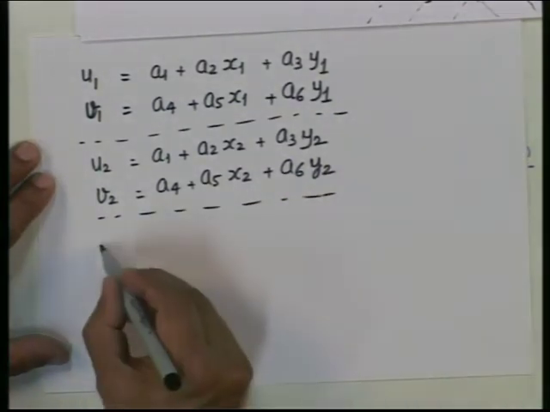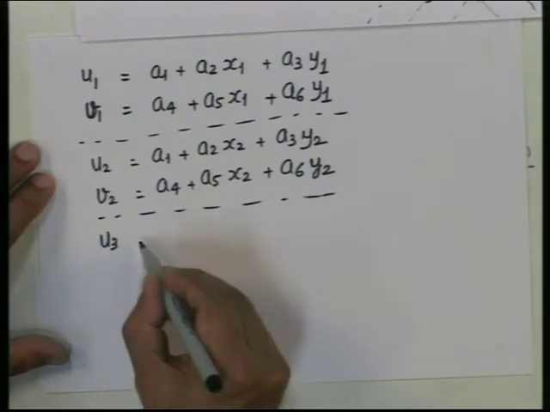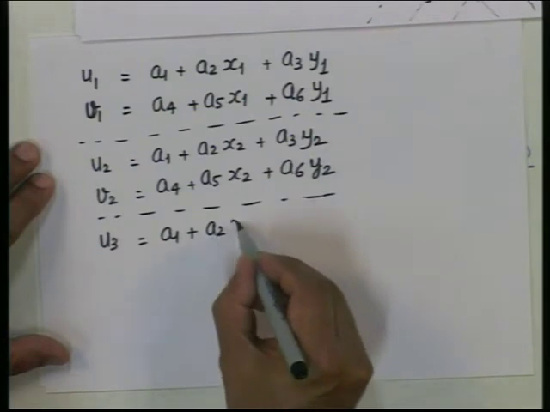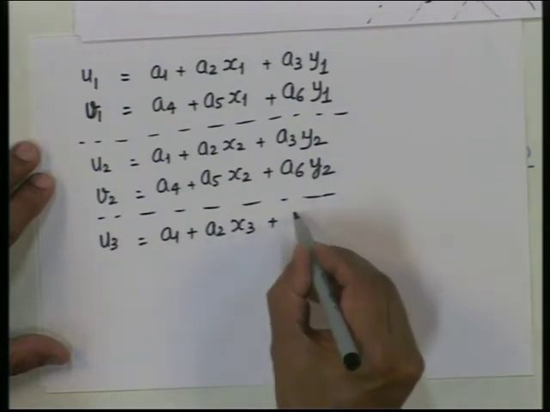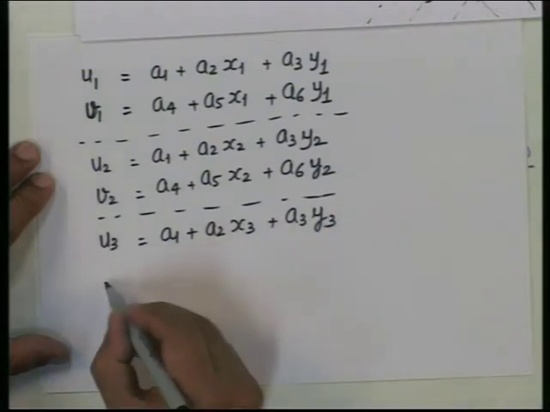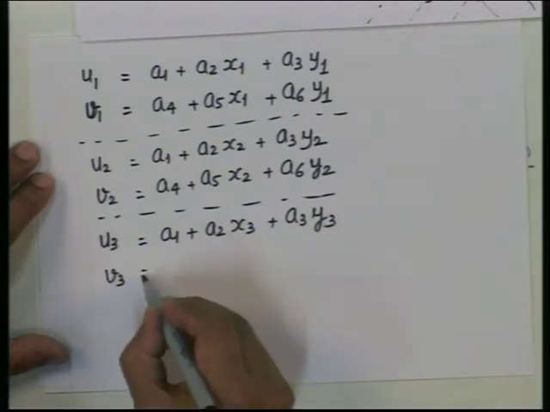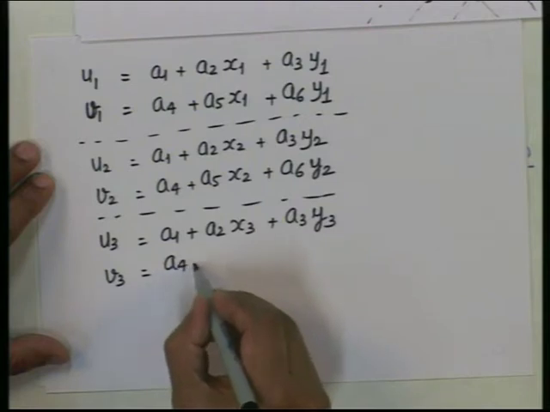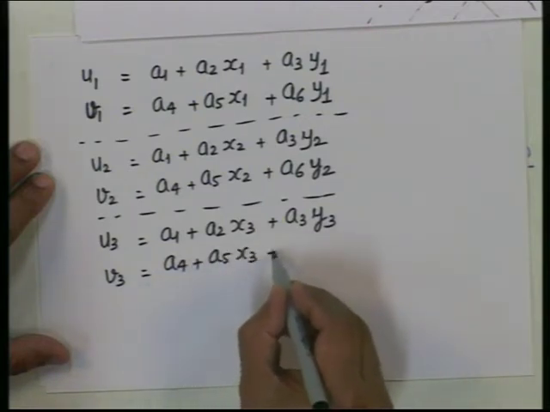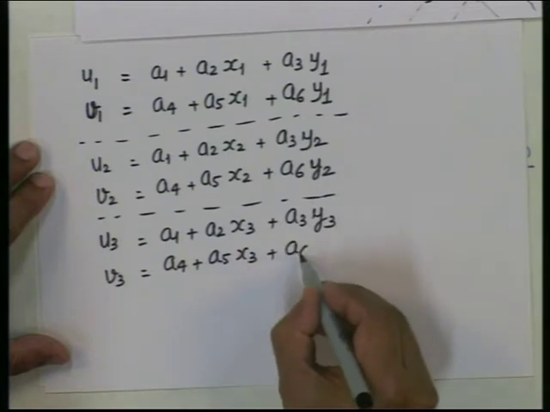For the third node, U3 will be equal to a1 plus a2 x3 plus a3 y3, and V3 will be equal to a4 plus a5 x3 plus a6 y3.